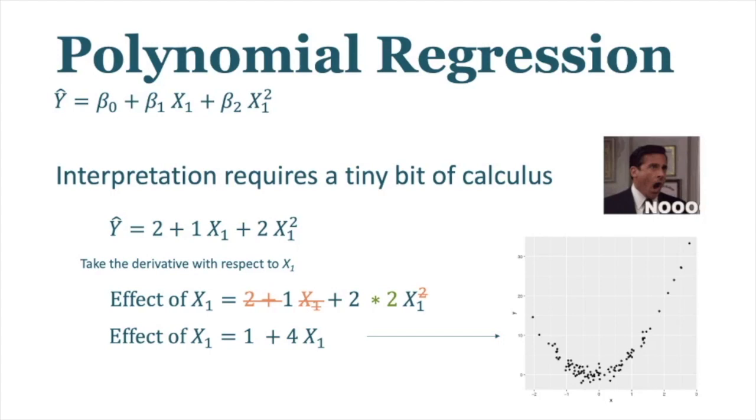And if we're above 0, then it's flat or positive. That's just this example right here. So again, the effect of x1 depends on the value of x1. That's the idea. When you have a polynomial, that is how you interpret your predictor.